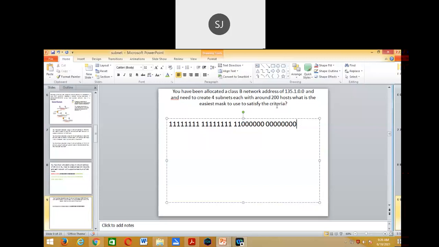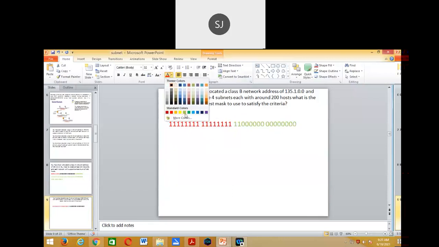Did you follow this? See here, in class B, these 16 bits are used for network ID and the remaining 16 bits are used for host ID.